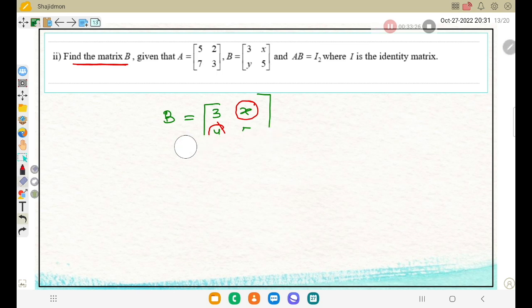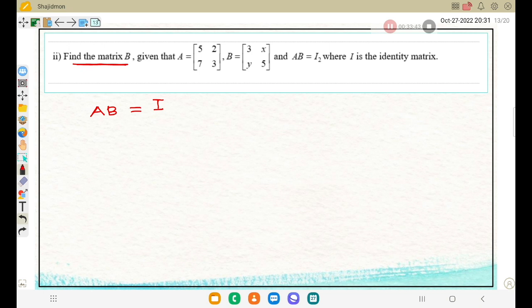A matrix is given and B matrix is given such that A multiply B equals the I2 matrix. I2 means the identity matrix of order 2. You know what the identity matrix is. So what do we need to do? A multiply B equals I. What is the A matrix here? 5, 2, 7, 3.